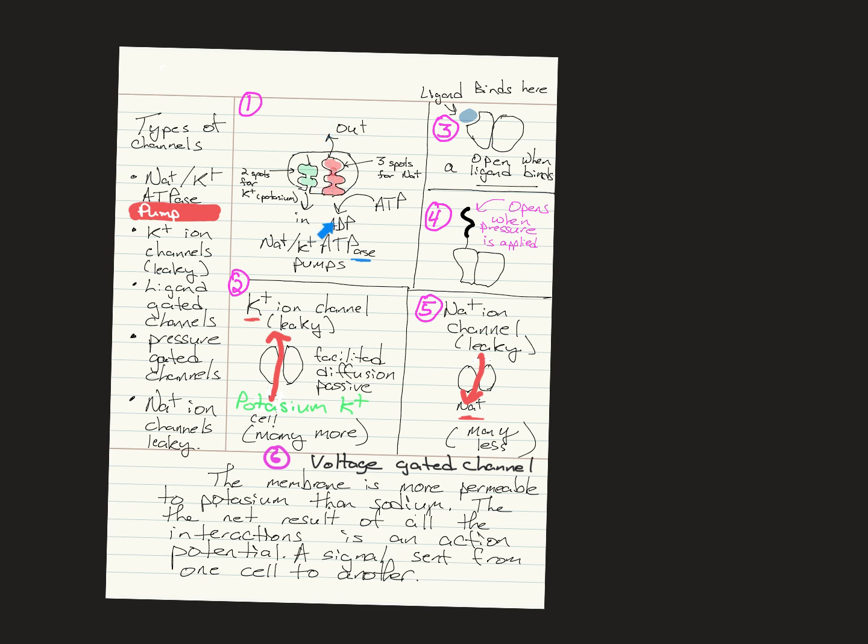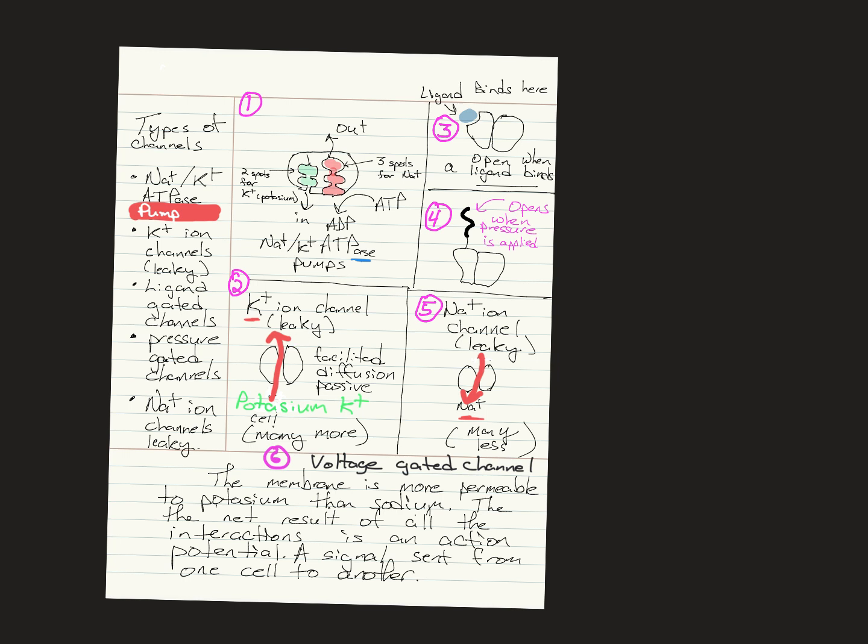So it's going from low to high. When you move things from low to high, you need to use ATP. ATP is the energy source for your cells. Potassium is getting moved in. Potassium's high inside, low outside, so it's moving from low to high. Again, you need that ATP to move this against the concentration gradient.